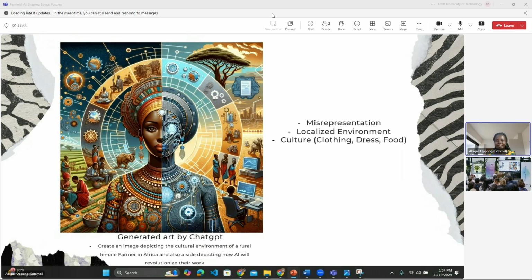When I looked at the output, I saw so many things, such as misrepresentation in the way the environment is depicted, and the culture, that's the clothing, the dress, the food, and even the buildings. One thing that also struck me was how the older women were staring.